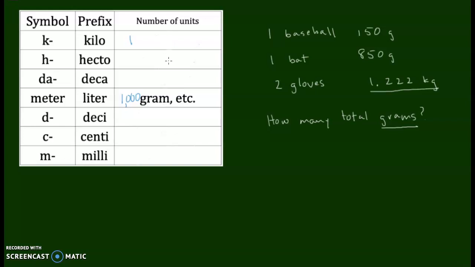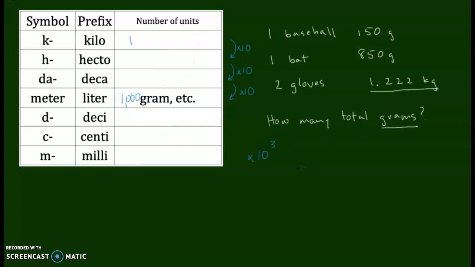So as we're going down this chart, this would be times 10, times 10, and times 10. So 10 times 10 times 10 is times 1,000, or times 10 to the third.